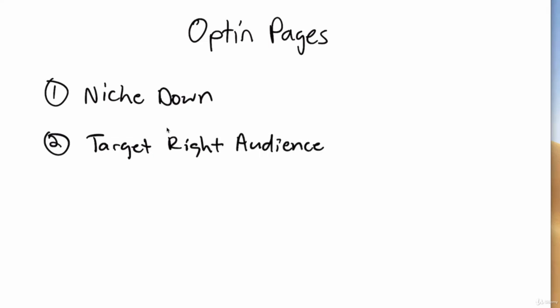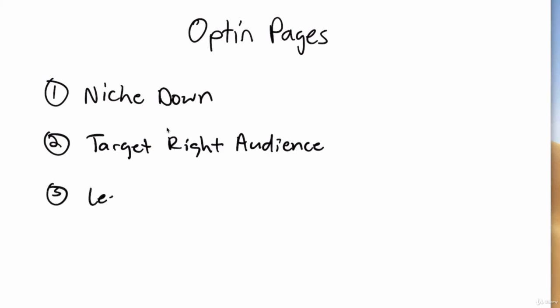This is very important. What you can't do is create one of these extremely broad courses and get a bunch of leads of people that aren't interested in what you're actually trying to sell, okay? That is very, very, very important. So your opt-in page is going to help you reach and get the right audience on your list.